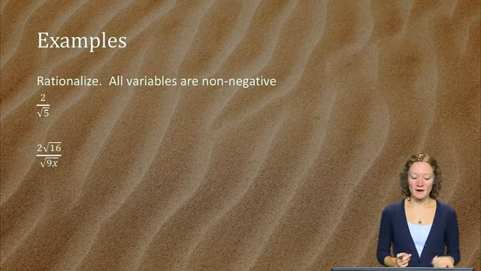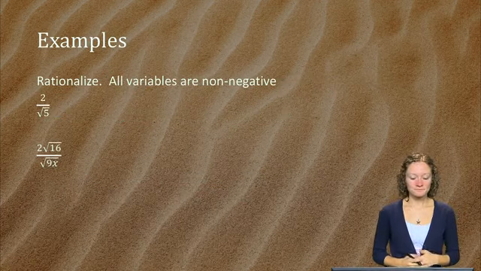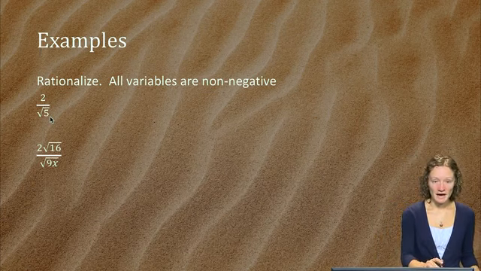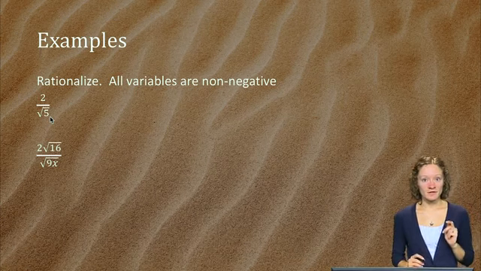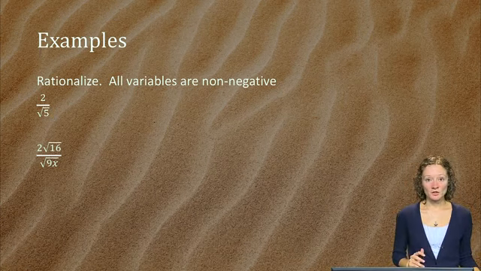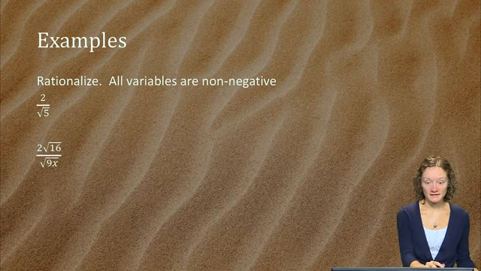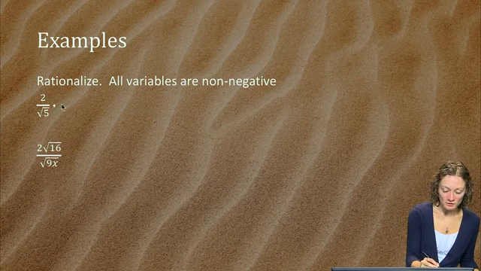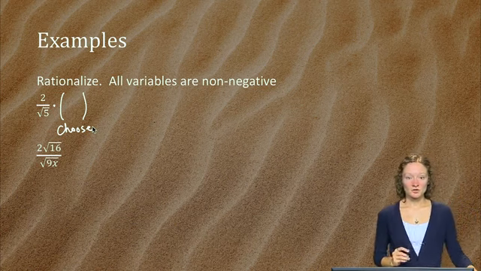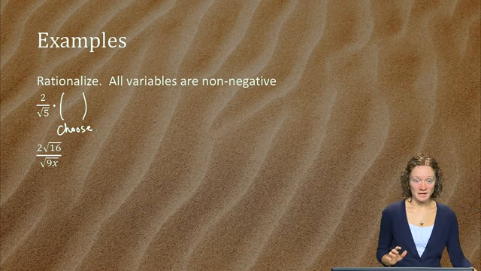Okay, the directions say rationalize, and all variables are non-negative. So here's what we currently have as a fraction, 2 over the square root of 5. And we no longer want the radical to sit in the denominator. So we're going to choose to multiply the top and bottom by something, so that the radical will no longer be in the denominator.